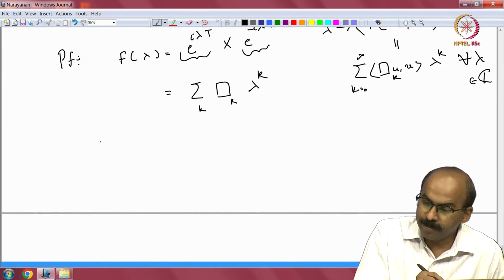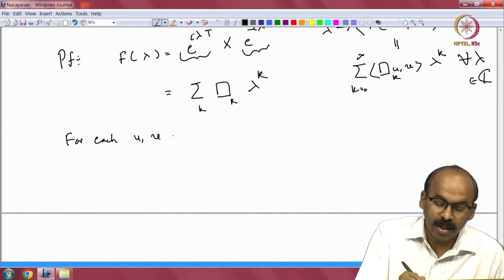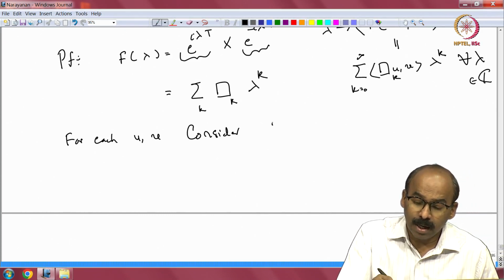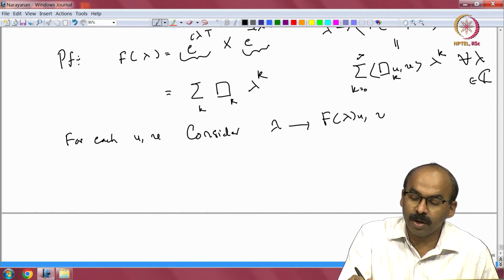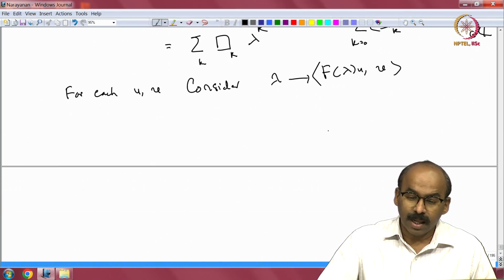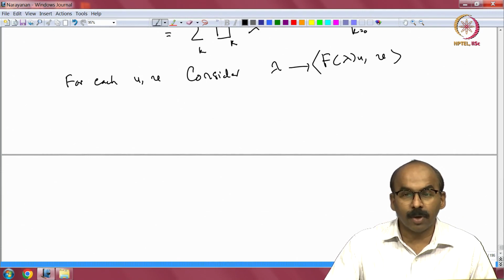So, look for each u, v, consider lambda going to f of lambda acting on u, inner product with v. That is an entire function, and f lambda is bounded in the operator norm with respect to lambda.